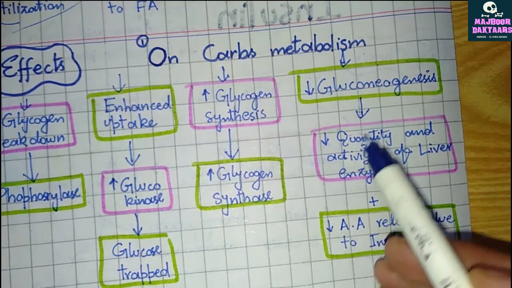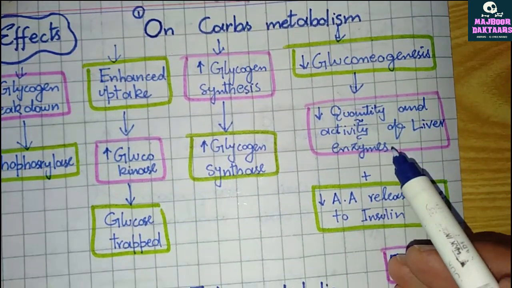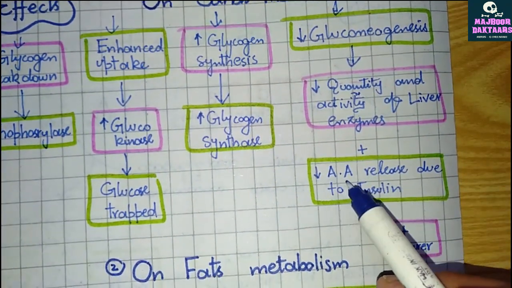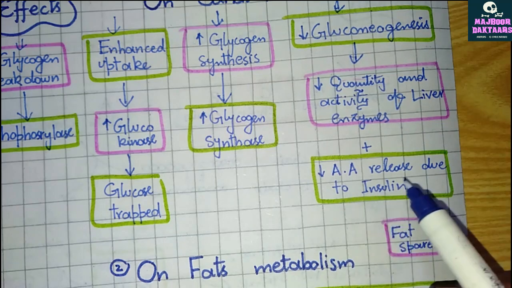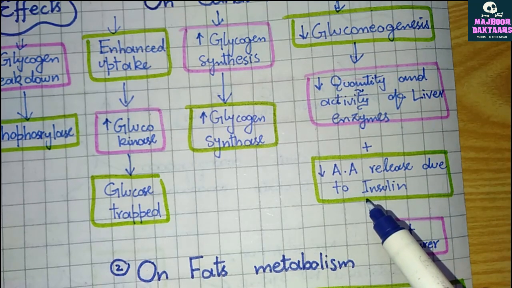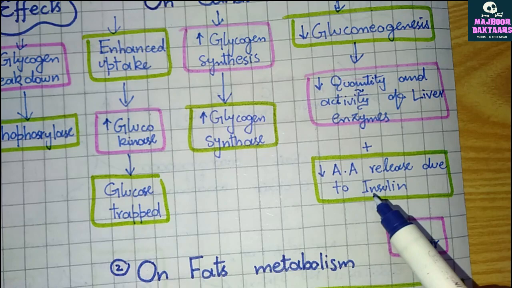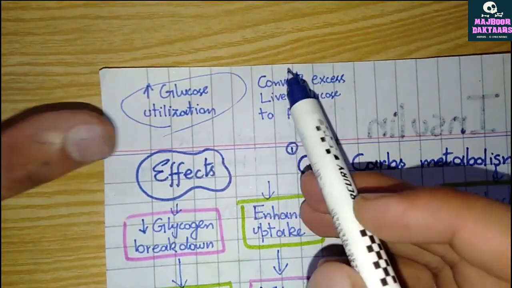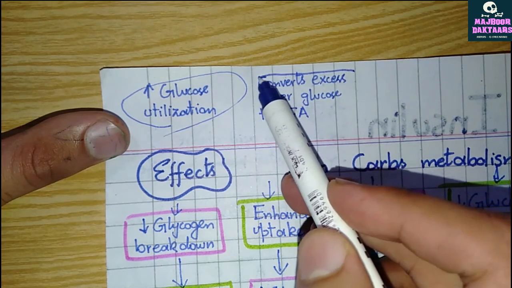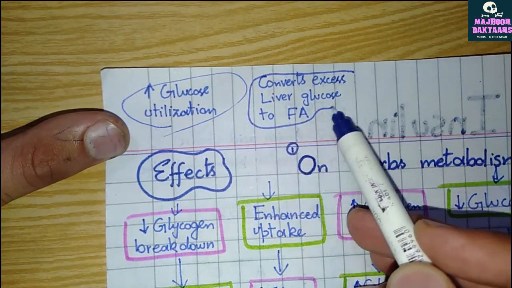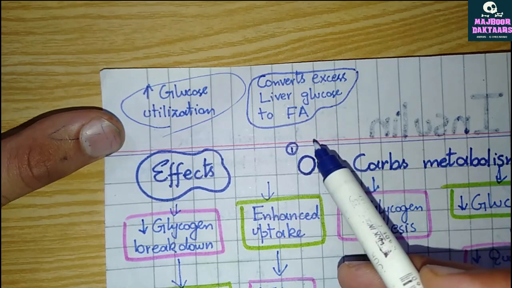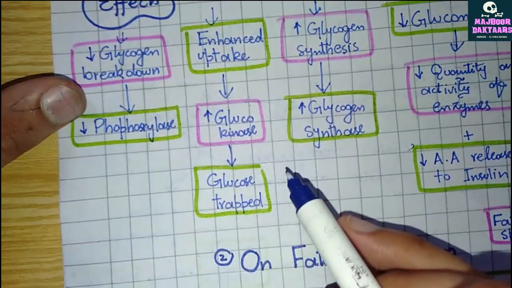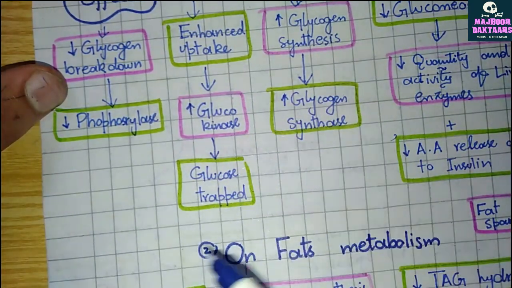It decreases the quantity and activity of the liver enzymes which do the gluconeogenesis, along with the decreased amino acid release due to insulin, since amino acids act as a substrate for gluconeogenesis. It also converts the excess liver glucose to fatty acids, which are then transported via the lipoproteins to the adipose tissue for storage, since insulin is a hormone of the well-fed state.